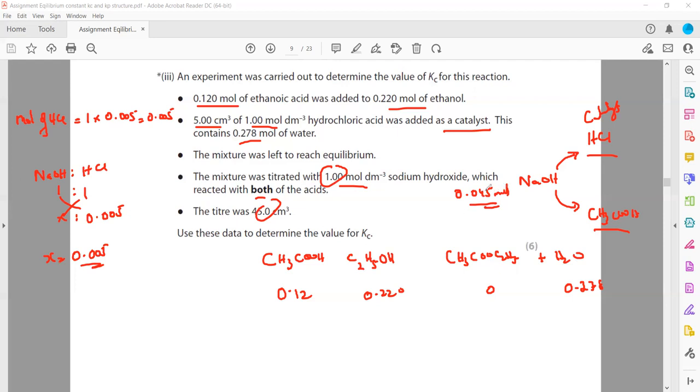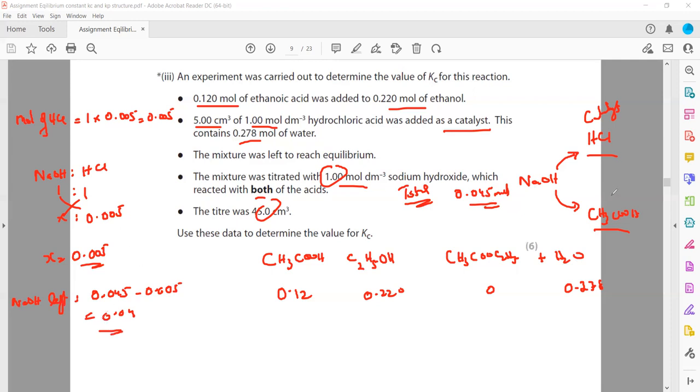But we have 0.045. So out of the total moles of sodium hydroxide, 0.045, we use 0.005. So how many moles of sodium hydroxide are left after reacting with hydrochloric acid? 0.045 minus 0.005 gives us 0.04. So these are the moles of sodium hydroxide left.